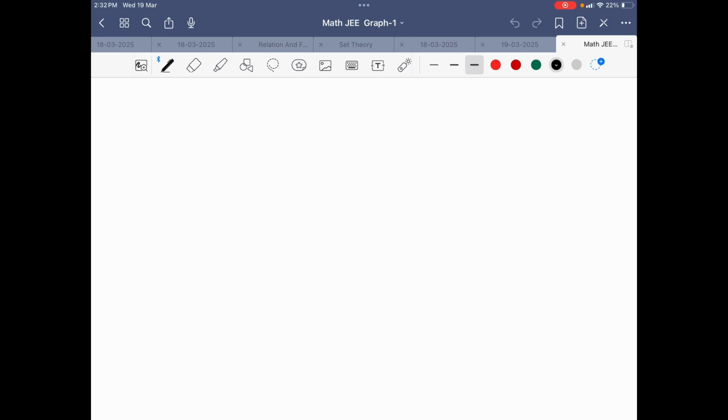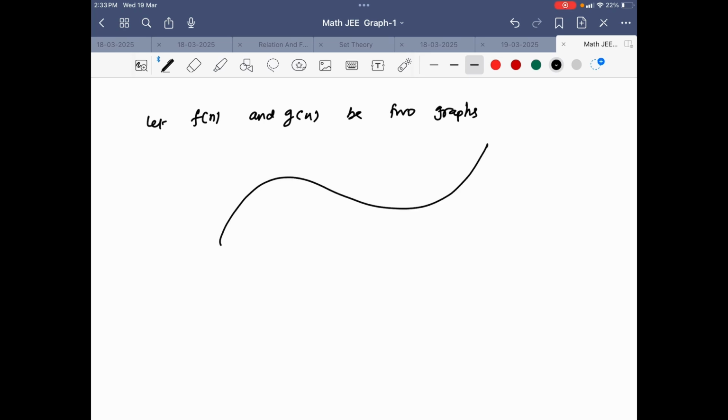So the first thing is, suppose I have two graphs, f(x) and g(x). Suppose the graph is like this. This is f(x). Suppose another graph is like this.